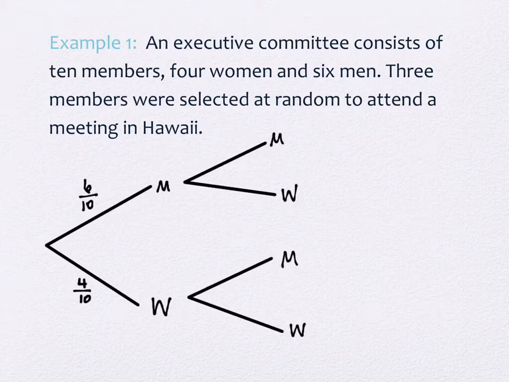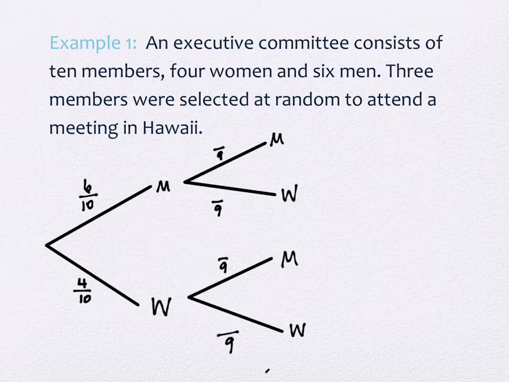But it's not 6/10 and 4/10 along those branches again, right? Whoever was selected has already been selected. Their name is no longer in the basket of names. How many names are in the basket now? 9, right? So all of these probabilities are going to be out of 9 because there's only 9 people left to select from. So whatever happens next, it's out of 9 instead of out of 10.